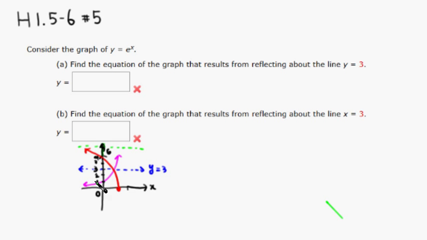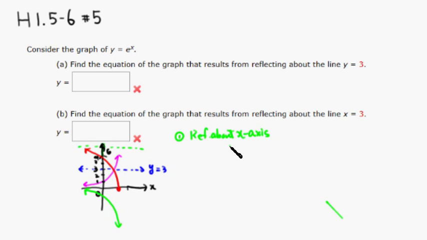we have to actually flip it upside down, then shift it up by 6 notches. So you can achieve this red curve by applying reflection. First you apply a reflection about the x-axis.